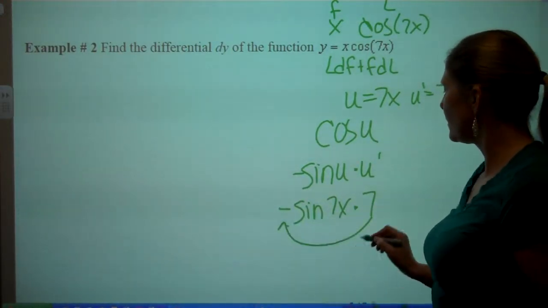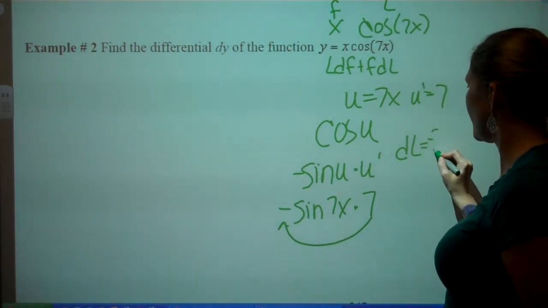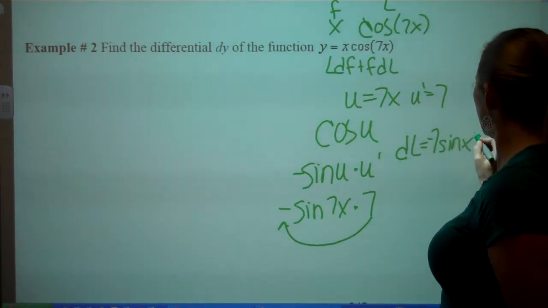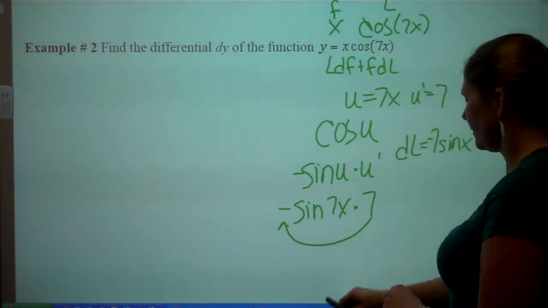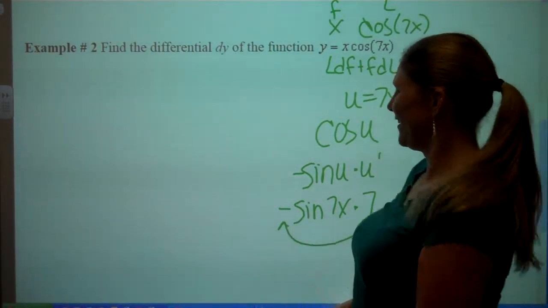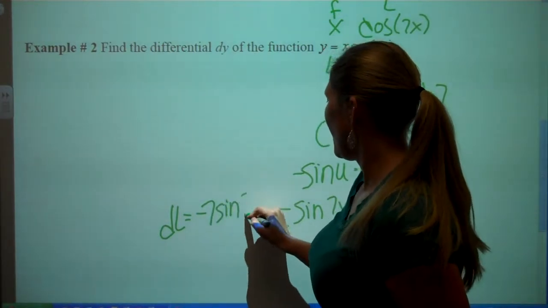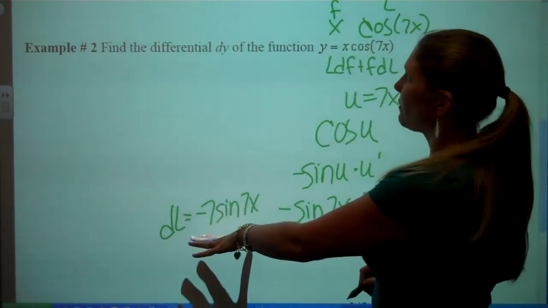You bring that to the front. My derivative of my last ends up being negative 7 sine at 7x. So there's the derivative of the last.